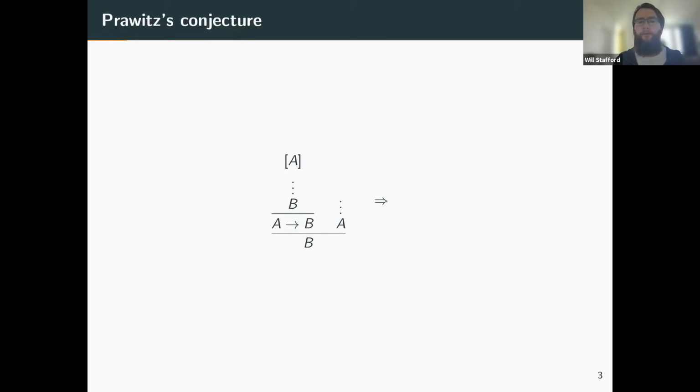Prawitz, in proving normalization for intuitionistic logic, showed us how to formally capture Gentzen's idea. And that's the idea that the meaning given by the introduction rules can be captured by just having the introduction right there, as we do, and then we apply the elimination rule.